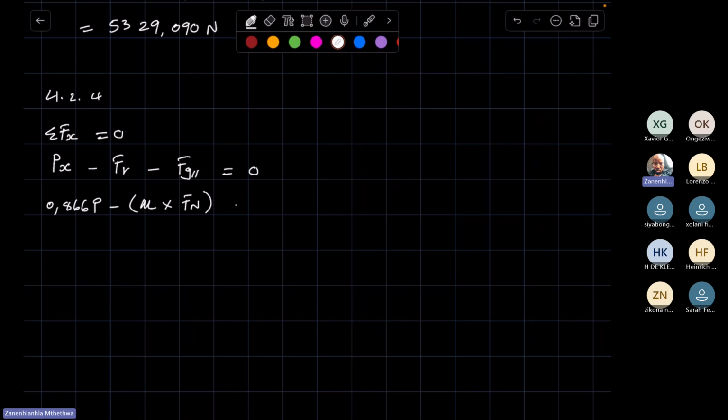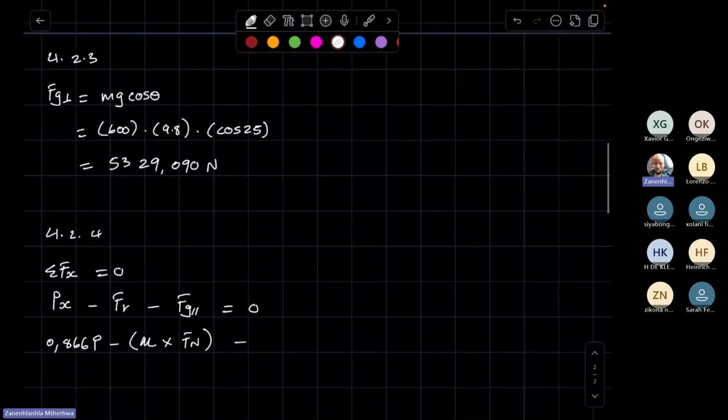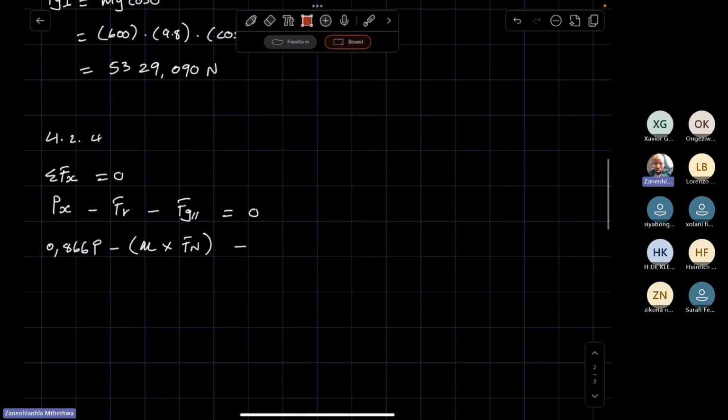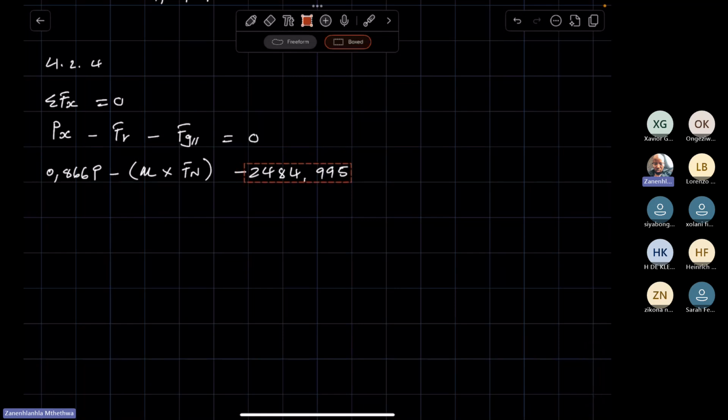And then minus Fg parallel, which we calculated, and this is what we got, and all of this is equal to 0.